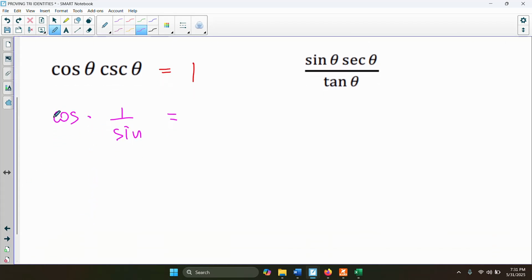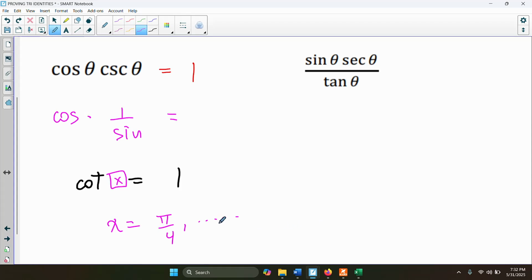What's cosine times one over sine? That is cotangent. Does cotangent equal one? It can, under certain circumstances. For pi over 4, as an example, it would work. If I put a specific value in for x, it could work if I was solving an equation.